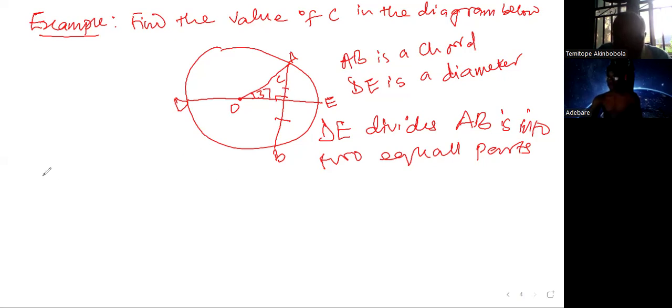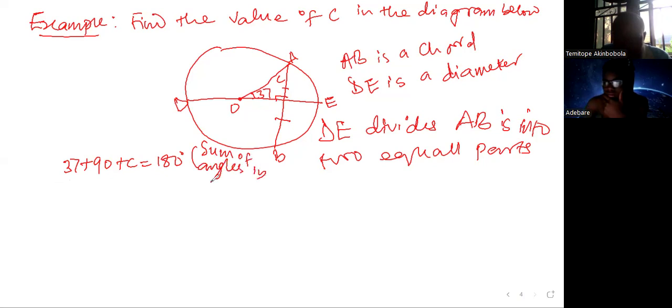If this angle is 90, then I can now use the sum of angles in a triangle. So 37 plus 90 plus C equals 180. Sum of angles in a triangle. Is that clear? Yes, sir.